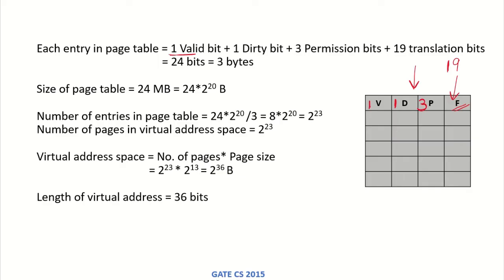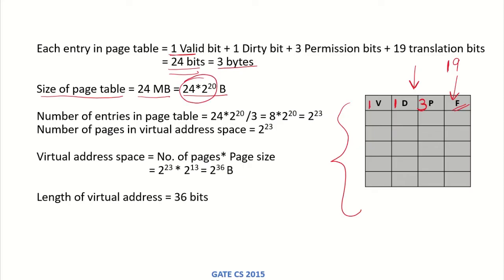So the total number of bits becomes 24 bits, which converted into bytes is 3 bytes. It's also given that the size of the page table is 24 megabytes, which is 24 into 2 to the power of 20 bytes. So the whole page table size is 24 into 2 to the power of 20 bytes.